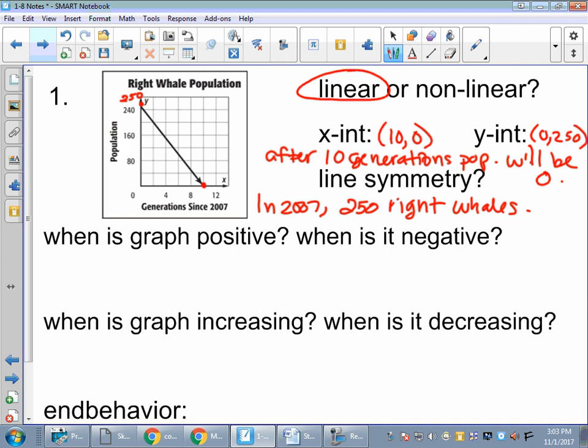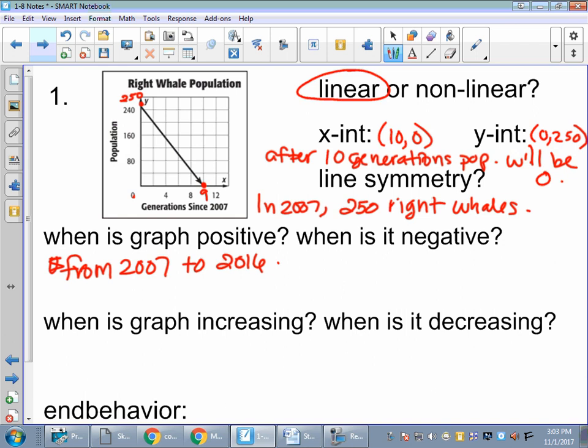When is the graph positive? All of this is positive. You can't have a negative amount of whales. So this is positive from 2007, because that would be year 0, all the way to 9 years later. So we can say to 2016. Or we could say from 0 to 9, but it's nice to put it in the context of the graph.